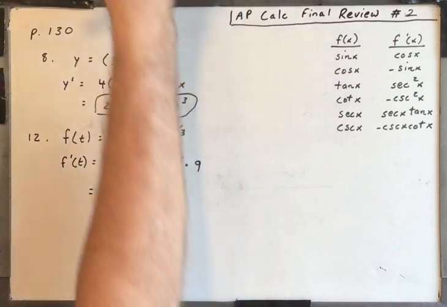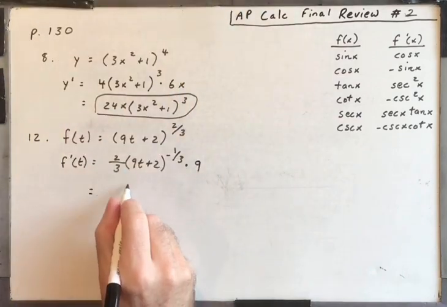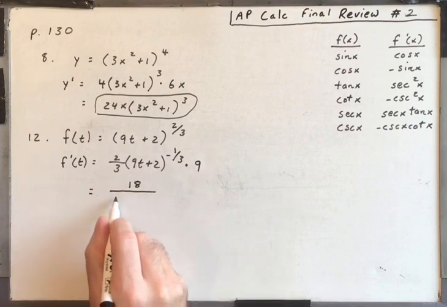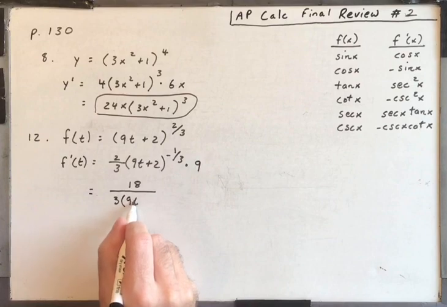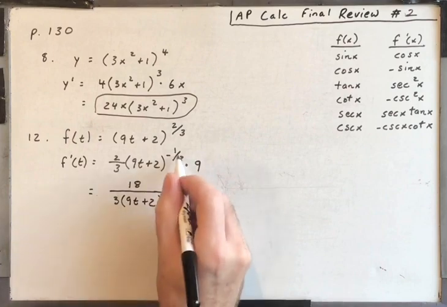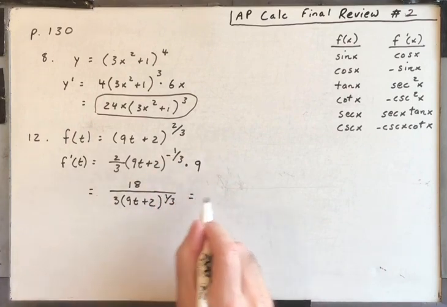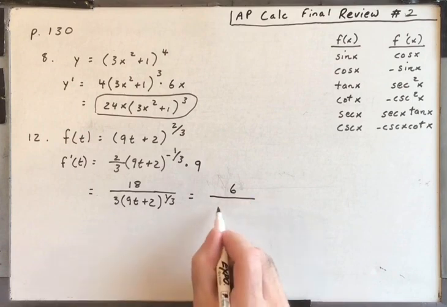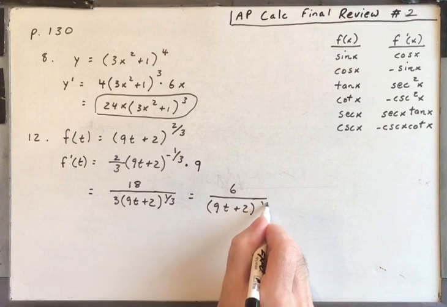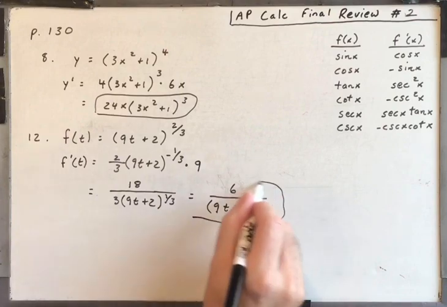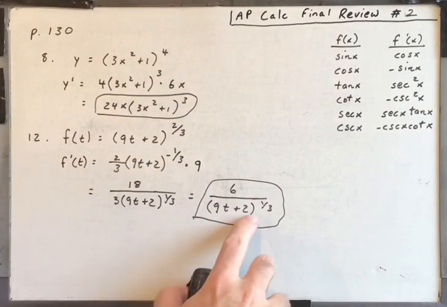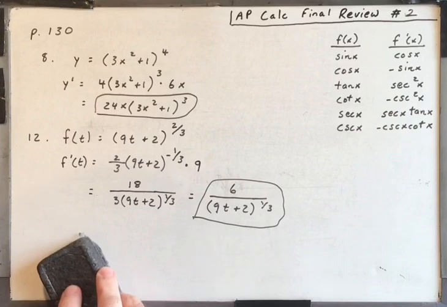Probably you were screaming at the device you were watching it on, right? This is going to be 2 times 9, 18 over 3 times 9t plus 2 to the 1/3. So we had to bring that negative 1/3 down. So apologize for that. So that'd be 6 over 9t plus 2 to the 1/3. All right, if you had to erase, sorry about that. And you can make that a cube root with a radical if you want.